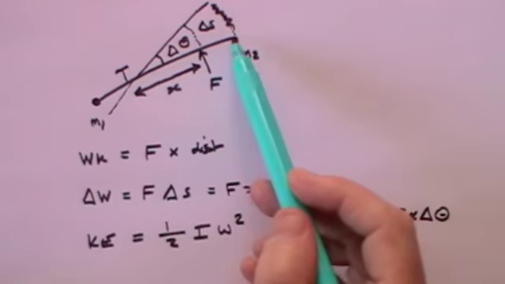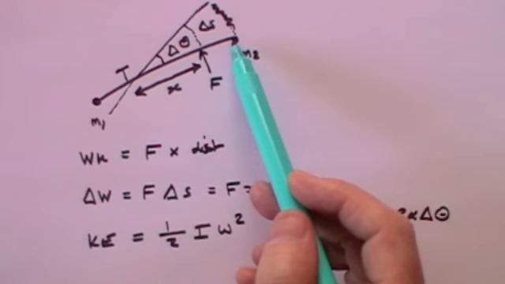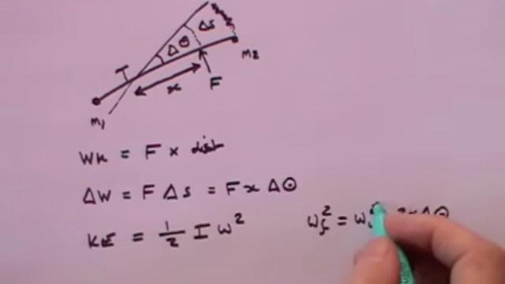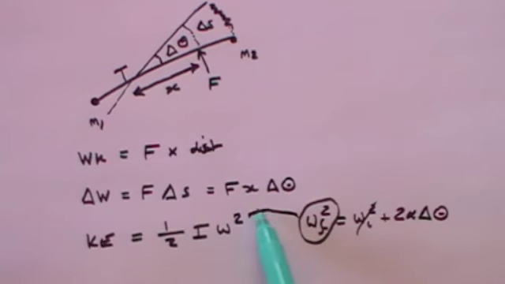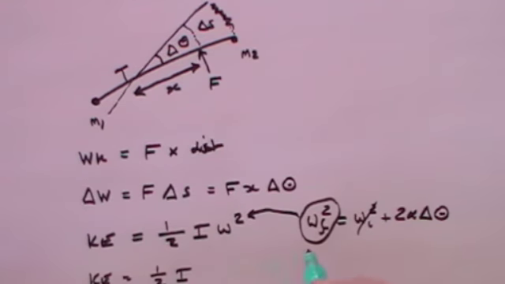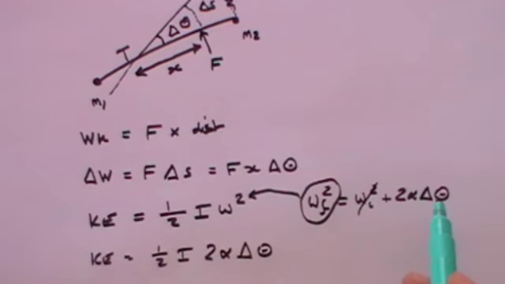In the case of this movement, the initial angular velocity was 0. We started it from scratch, as it were, stationary. So now we've got that omega final squared equals 2 alpha times delta theta. I'm going to take that omega squared and substitute it in here. So now I've got that the kinetic energy is a half times I times 2 alpha delta theta, which is what I got from here.